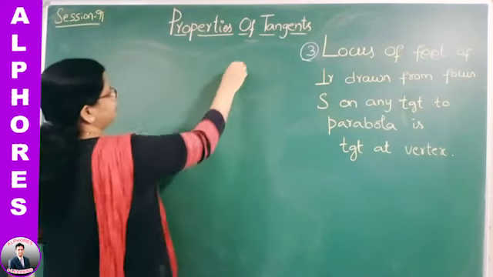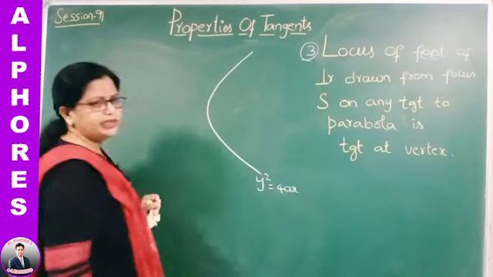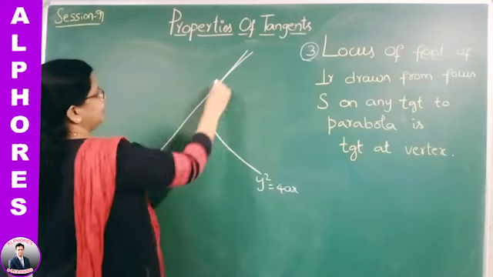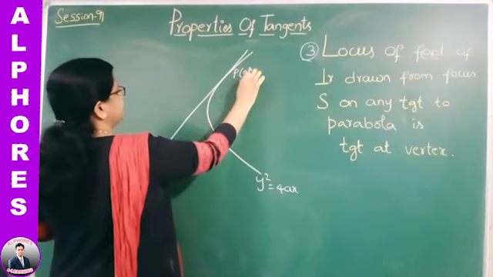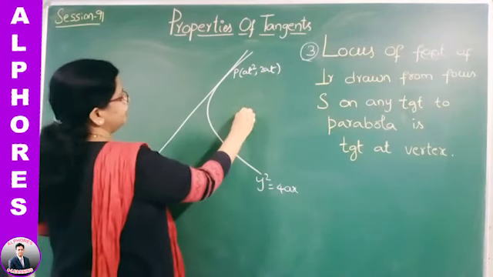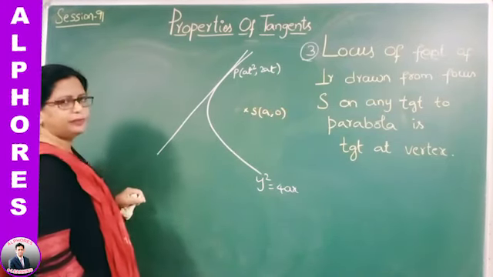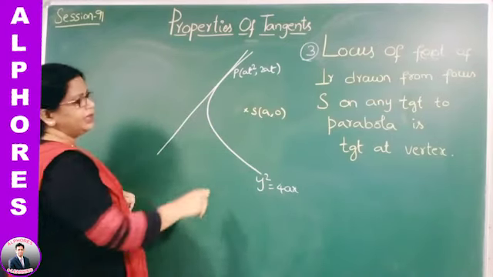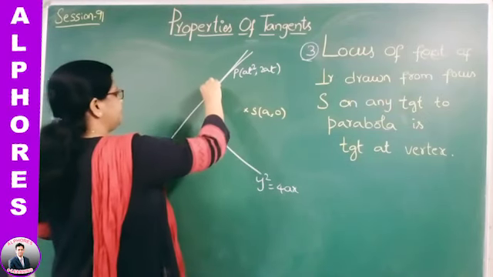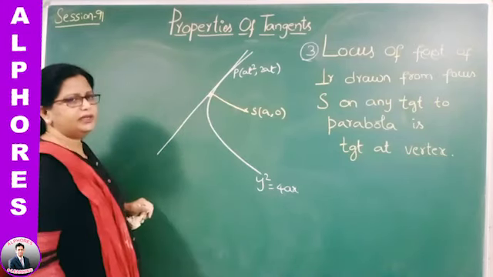Again as usual for the proof, students, we are taking the parabola y square equal to 4ax, and this one is the tangent drawn to the parabola at at1 square comma 2at1. So this is at square comma 2at we are taking, and next the focus we are taking as our known formula a comma 0. Now if you take the perpendicular from focus onto this tangent, then the foot of perpendicular is exactly on the tangent at vertex, okay.